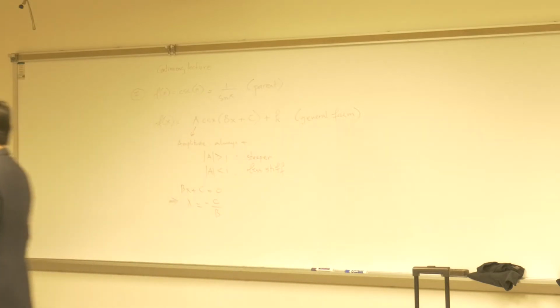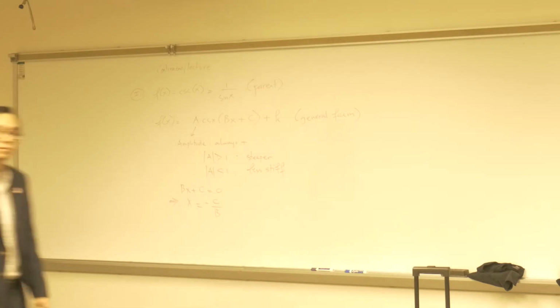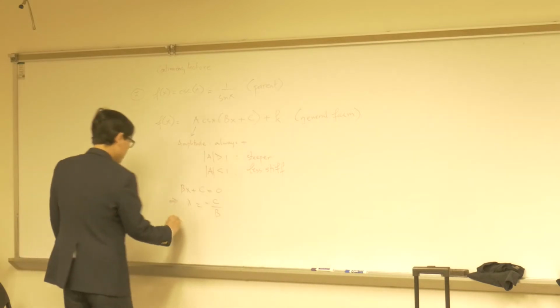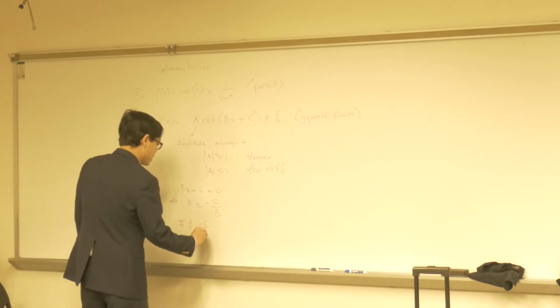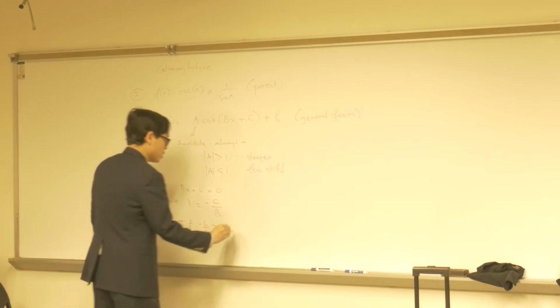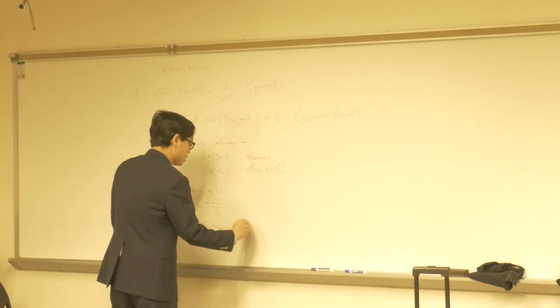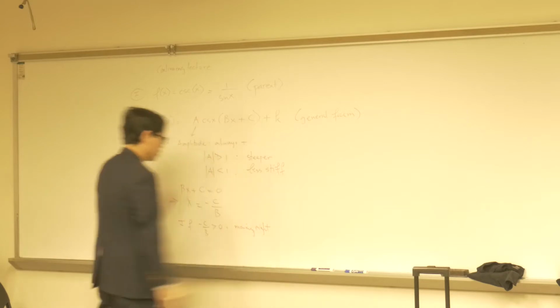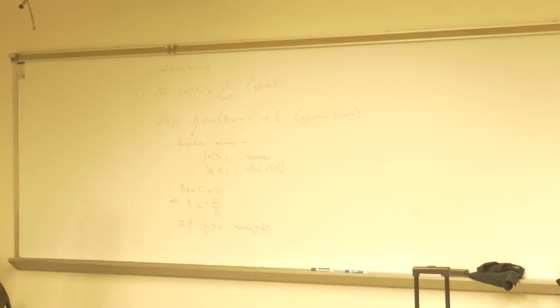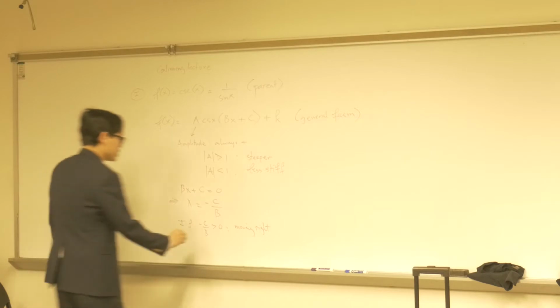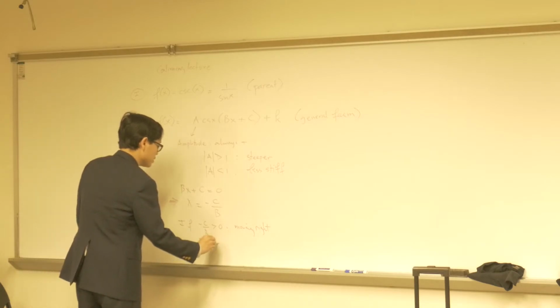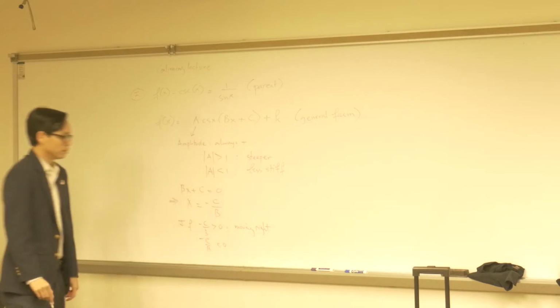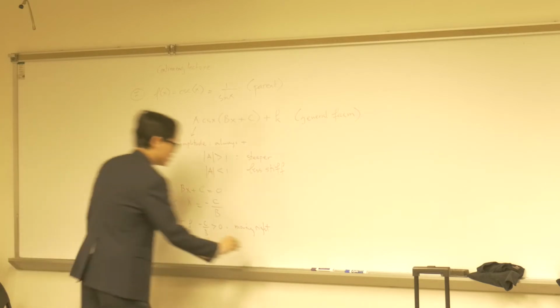If negative c over b is greater than 0, we know that it's moving to the right, same as last time. And if negative c over b is less than 0, we know this is moving left.